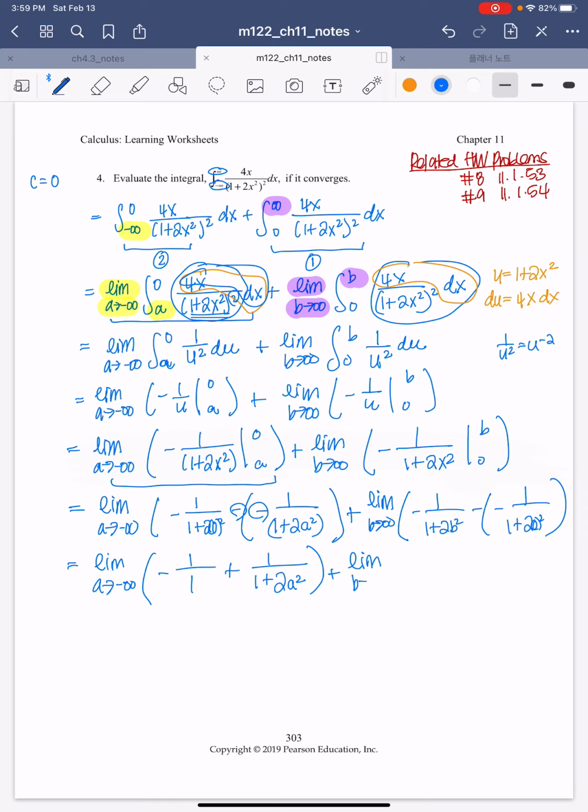Limit as b approaches infinity, I'm going to get negative 1 over 1 plus 2b squared plus 1 over 1 plus 2 times 0, because this part is 0. So this will be just 1 over 1.